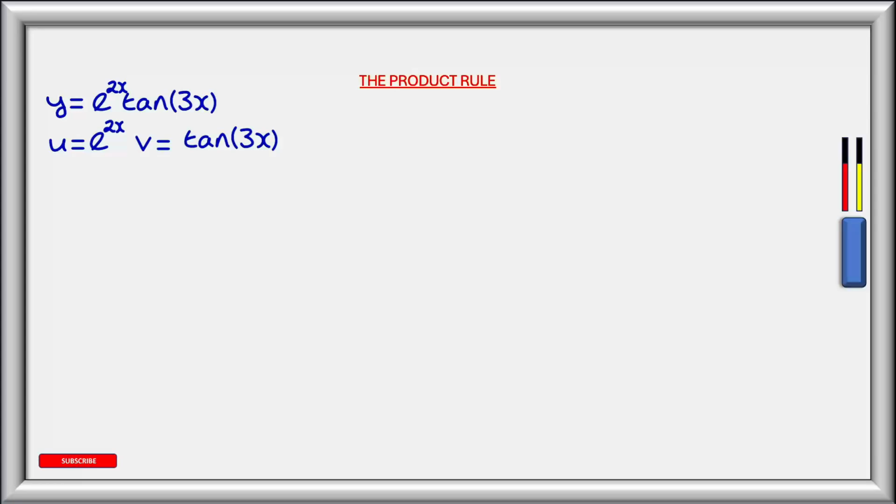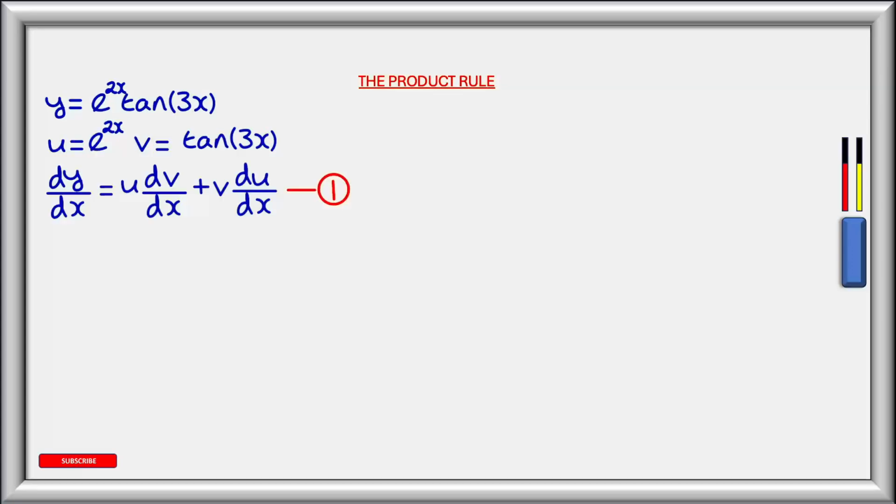And so for this one, we can let u equal e to the power of 2x and v equal the tan of 3x. And using the product rule, the derivative of y with respect to x is u multiplied by the derivative of v with respect to x plus v multiplied by the derivative of u with respect to x.